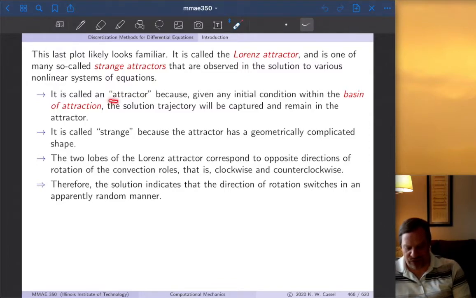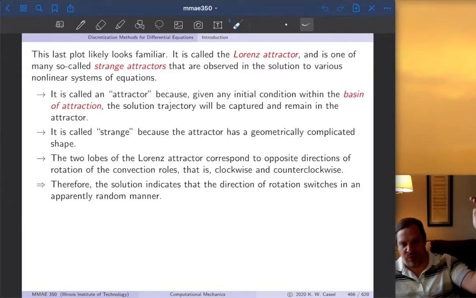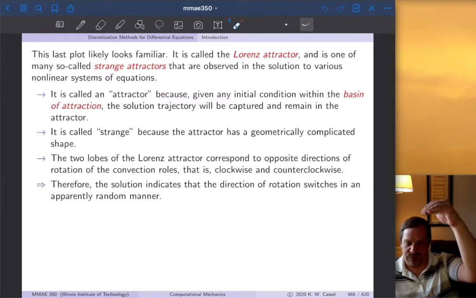So an attractor is a shape, a region in the phase plane that, as long as you start your initial conditions in the basin of attraction, the solution will get kind of trapped. It's kind of like a body coming in towards something with gravity in space, and it gets trapped into its orbit.